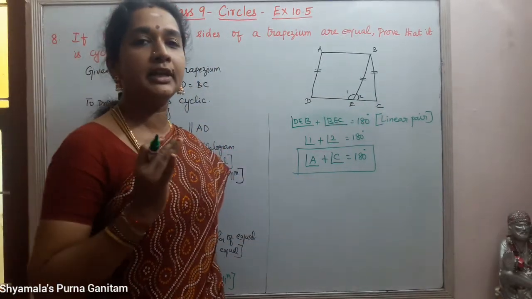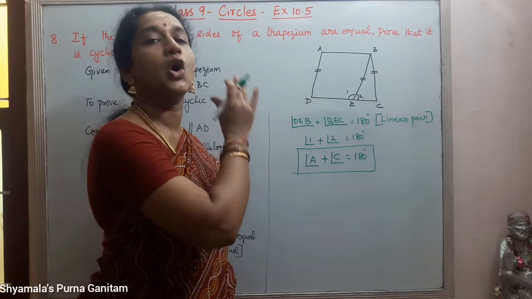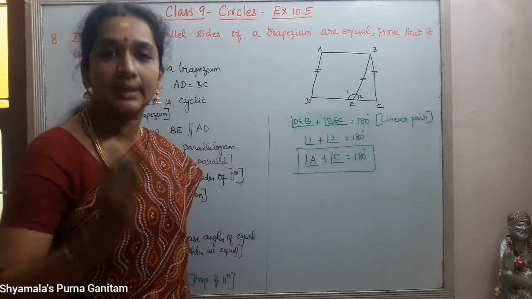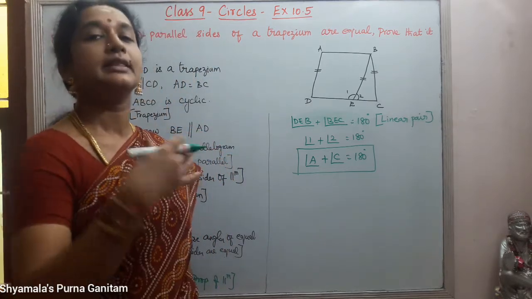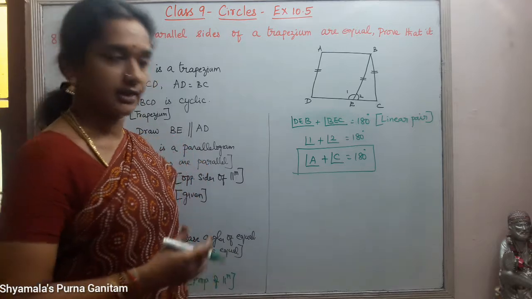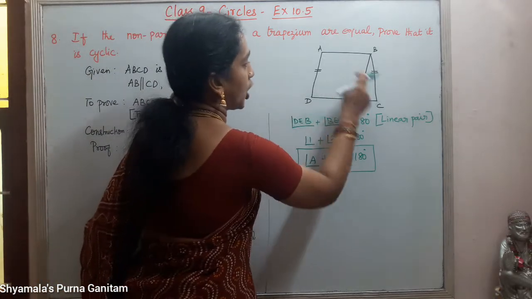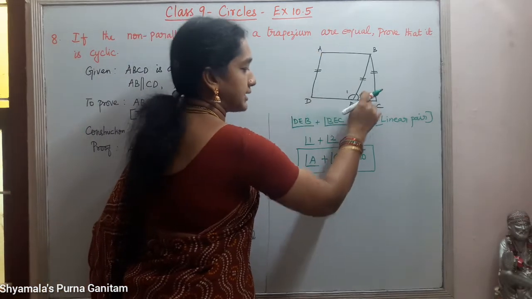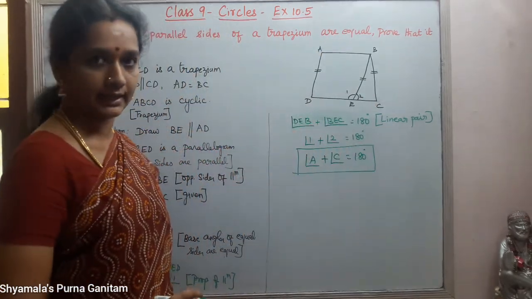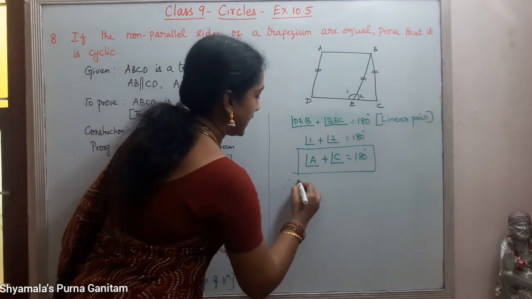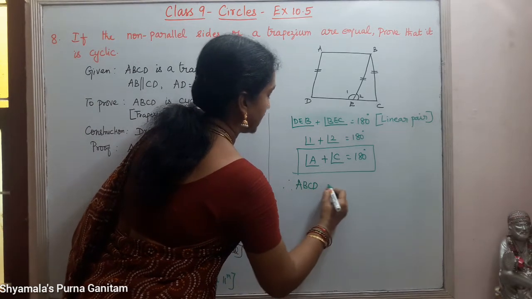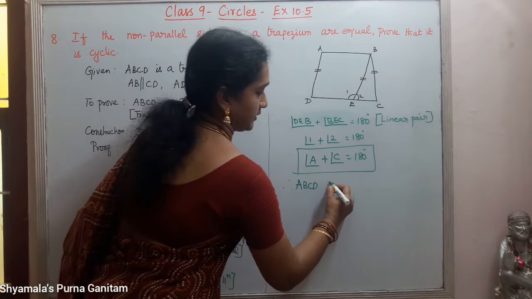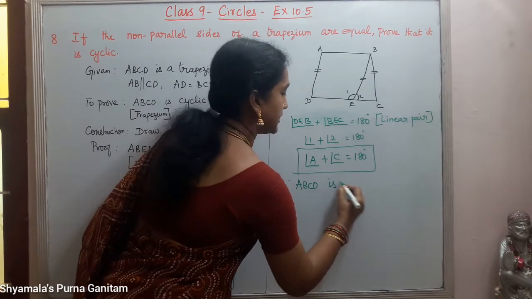What I told in the beginning, if we prove that opposite angles are supplementary, 180 degrees, then we can say that it is cyclic. So, we have proved that angle A plus angle C is equal to 180 degrees. Therefore, ABCD forms a cyclic.